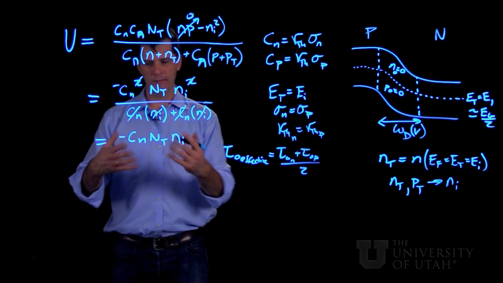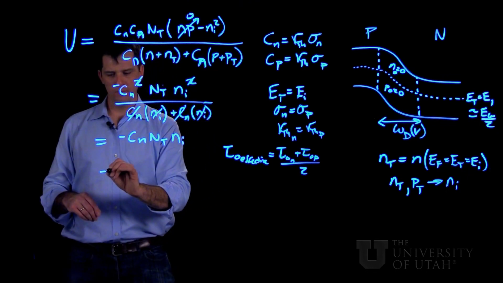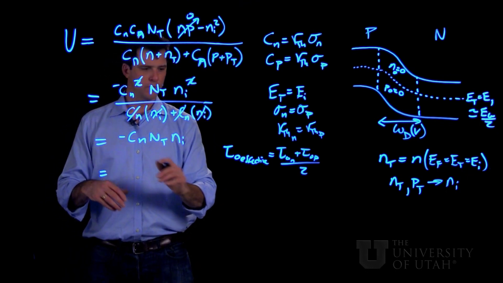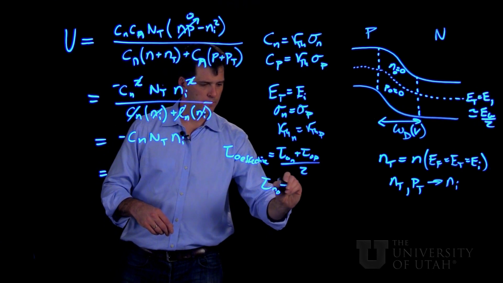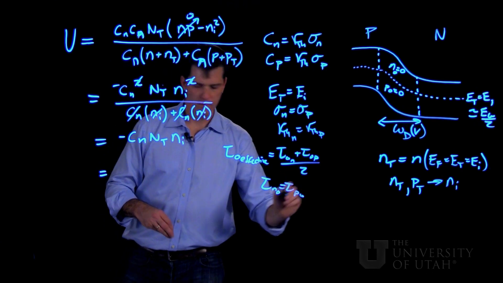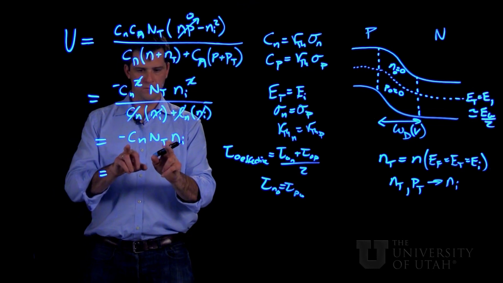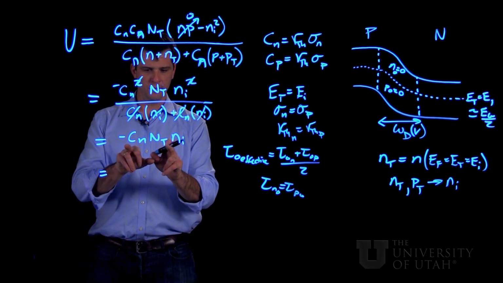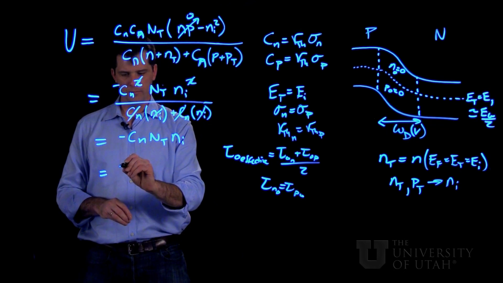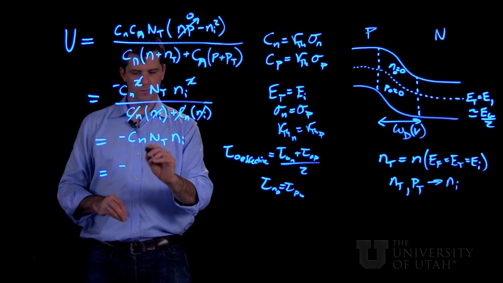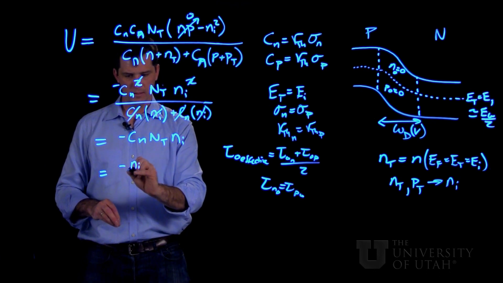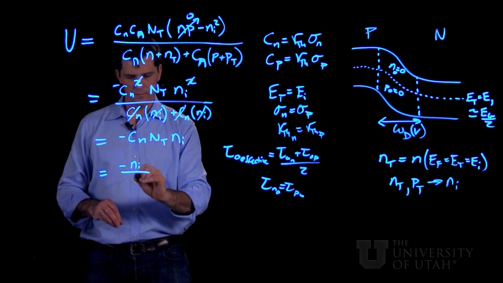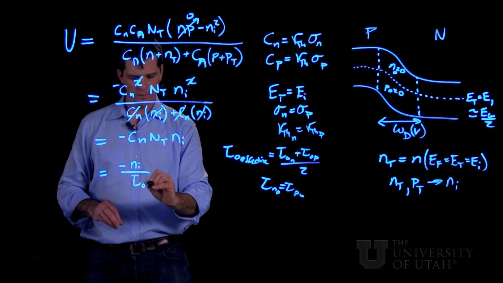But what we're going to do here is just assume that tau n naught equals tau p naught. And if we remember our definitions of tau n naught and p naught, it's actually 1 over this. So we end up with negative Ni over tau naught effective.